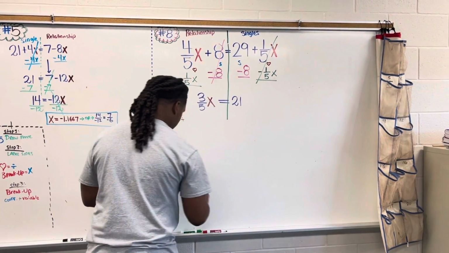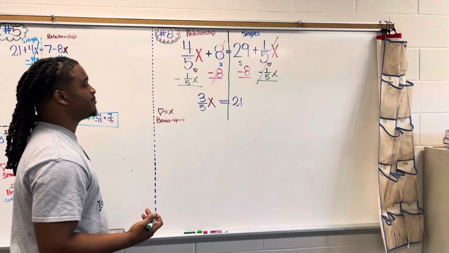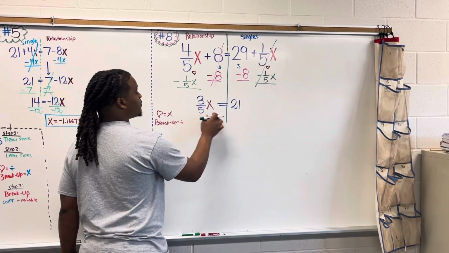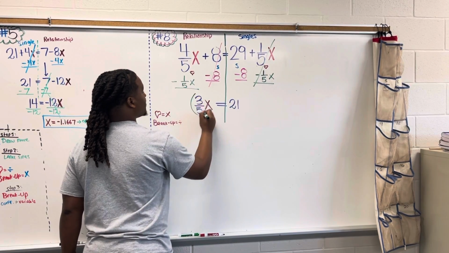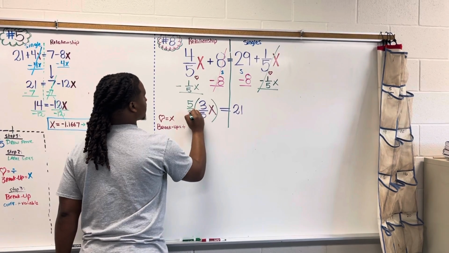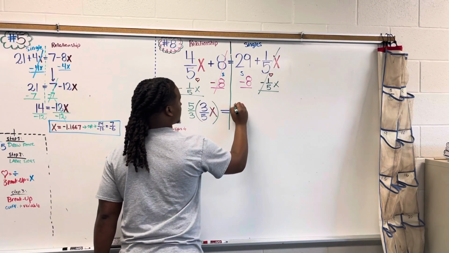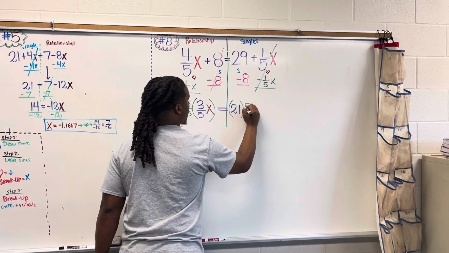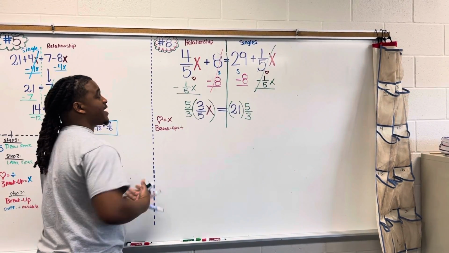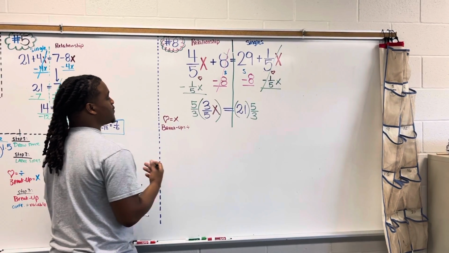I know a lot of kids have heard of keep, change, flip. In order for us to divide 3/5 on both sides, we have to flip it and create the fraction 5/3. This is how we divide fractions: you flip the fraction and you multiply it.